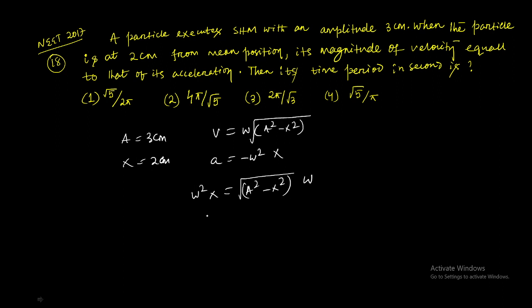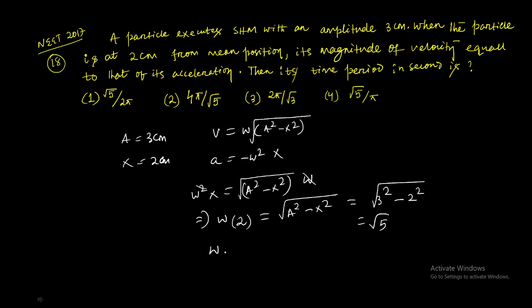So one side omega, this omega and omega cancel out, only omega will be there. x is 2 cm, equal to square root of A square minus x square. And A you know, 3 square minus 2 square, x equal to 2 square root over. This will be 9 minus 4, this will be root 5. So omega equal to root 5 by 2.